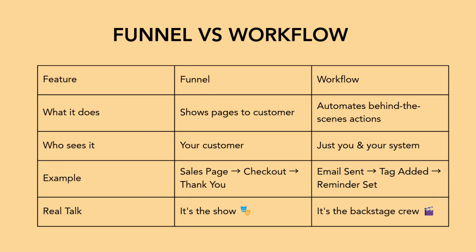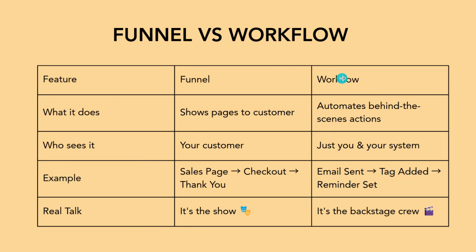Digital assets are simply pages: your sales page, your checkout page, and your thank you page. A workflow would be something like an email was sent, a tag was added, a reminder was sent. So in real talk, the funnel is the show and the workflow is the backstage crew, so to speak. That's how it works.